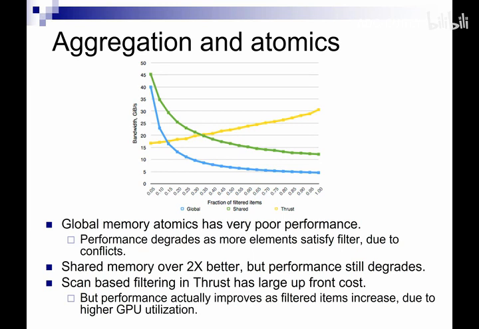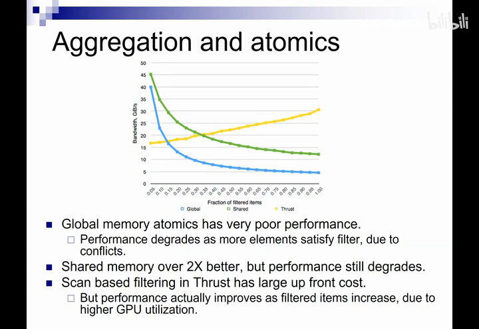The copy if actually works in a different way. It uses something called a prefix sum, so it's working in a different way than this atomic implementation that we gave. Because it works differently, it has this property that the more filtered items you have, the better the performance. The basic reason is that if you have very few positive items, then because the copy if is doing a prefix sum, there's not enough work for this prefix sum to do.